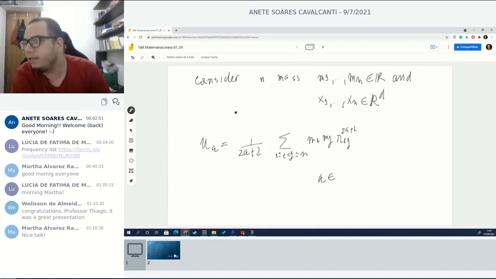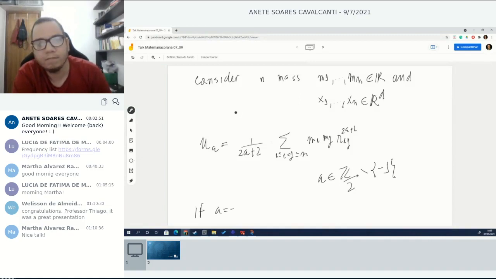And this a, I suppose that this a belongs to Z over 2, and I exclude the case when a is equal to -1.